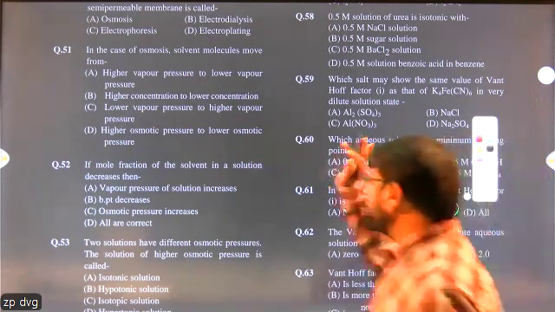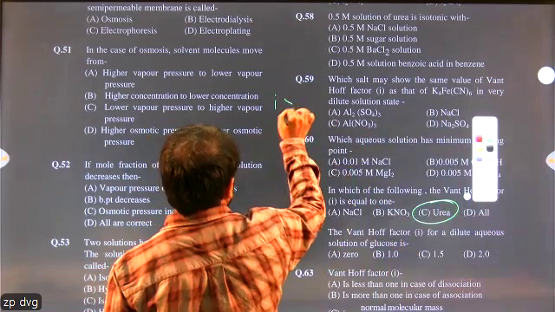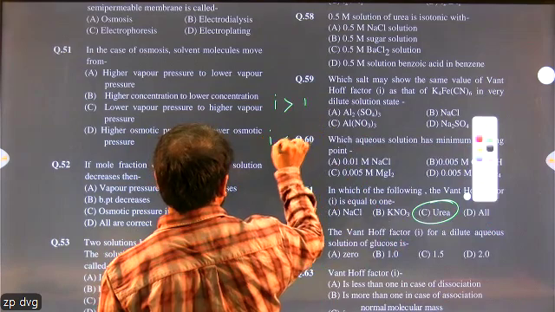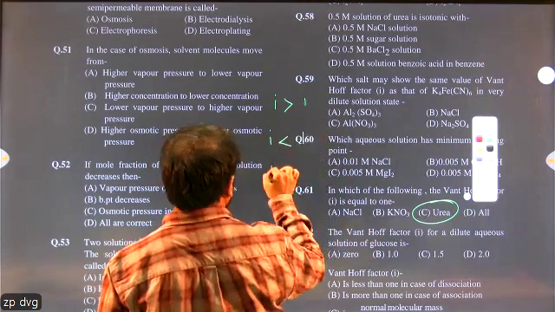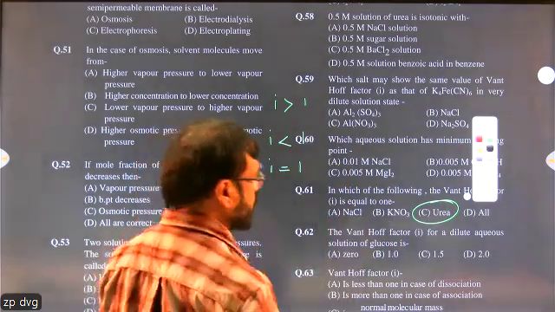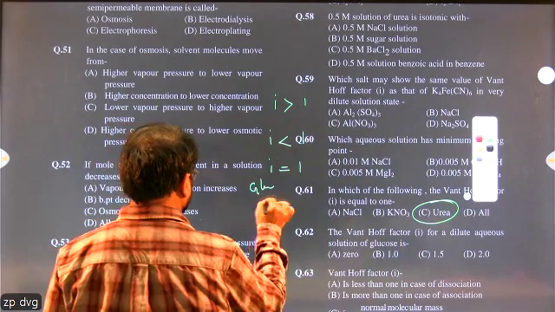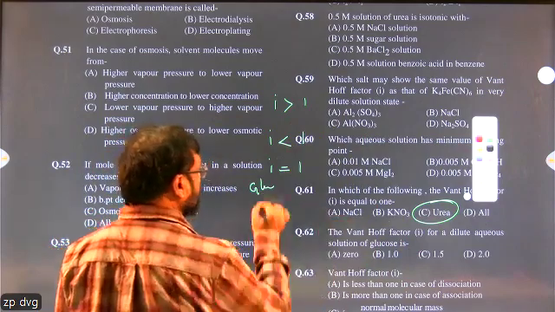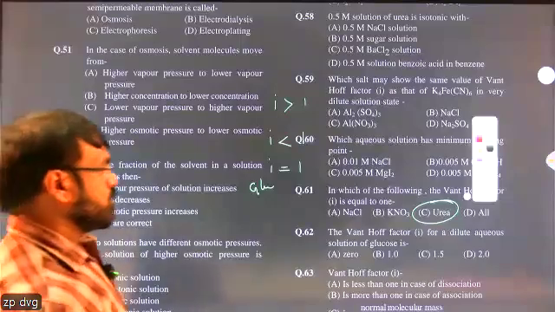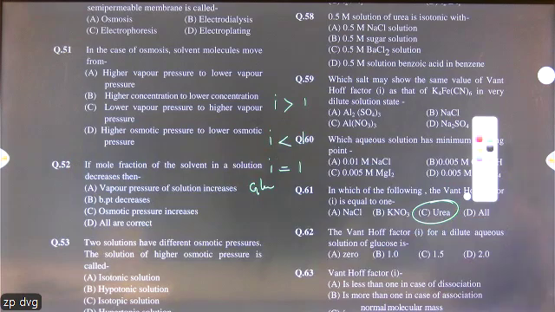As you know, if there is dissociation, the i factor is greater than 1; if there is association, the i factor is less than 1. For non-electrolytes like glucose, fructose, sucrose and urea, the i factor is always equal to 1. So option C is the correct answer for 61.